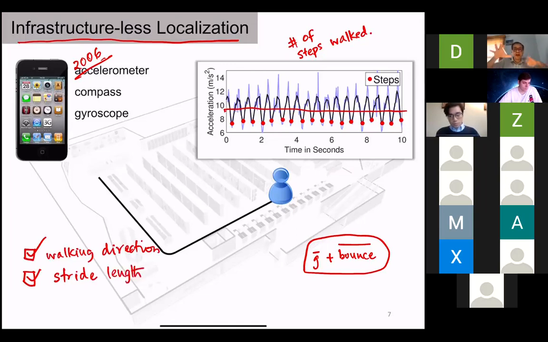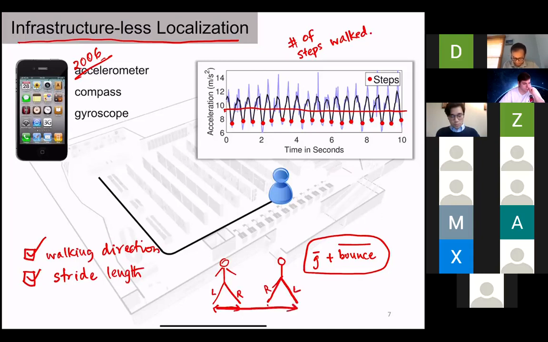What is stride length? When I walk, this is my right foot, this is my left foot, and then I take my left foot in front and my right foot stays there.